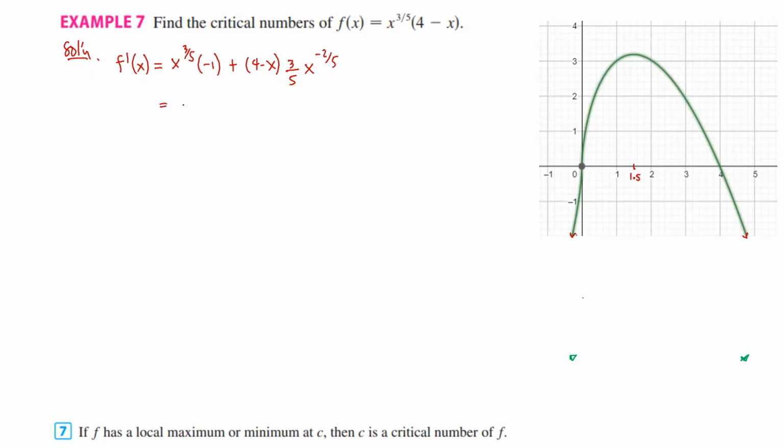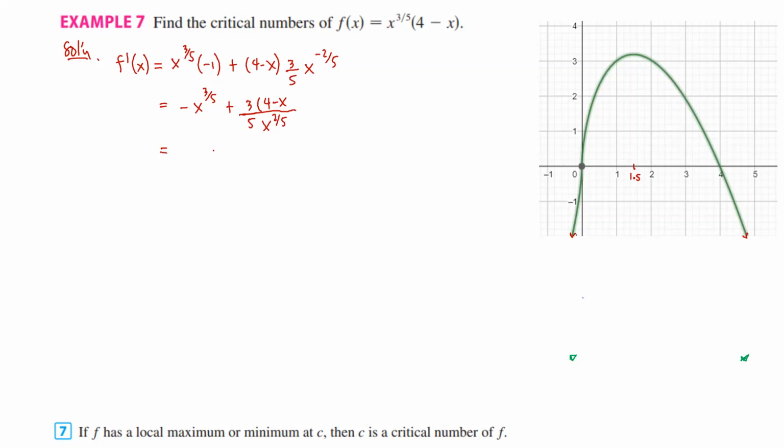And then we can write this as negative x raised to 3/5 plus 3/5 x raised to -2/5. Actually, we can write this as 3 times (4 minus x) over 5x raised to 2/5, right? Okay.